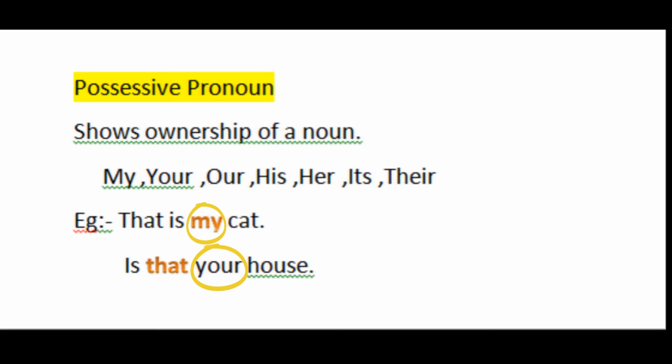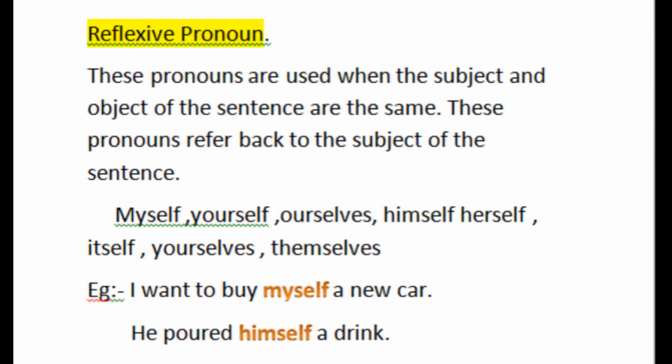Reflexive pronoun. These pronouns are used when the subject and object of the sentence are the same. These pronouns refer back to the subject of the sentence. This includes myself, yourself, ourselves, himself, herself, itself, yourselves, and themselves.